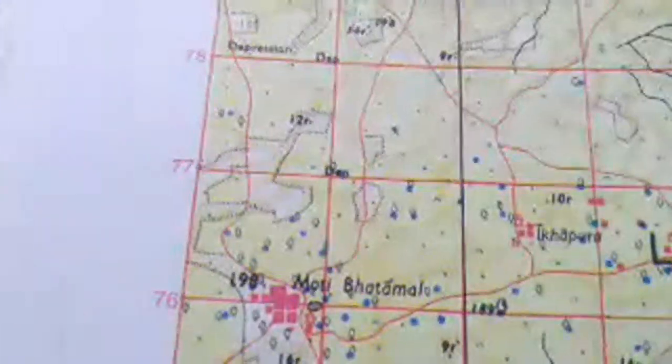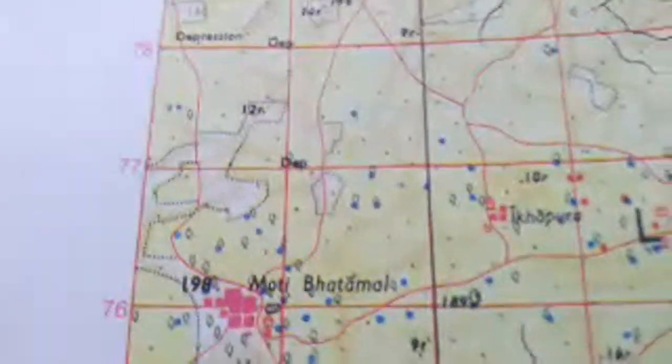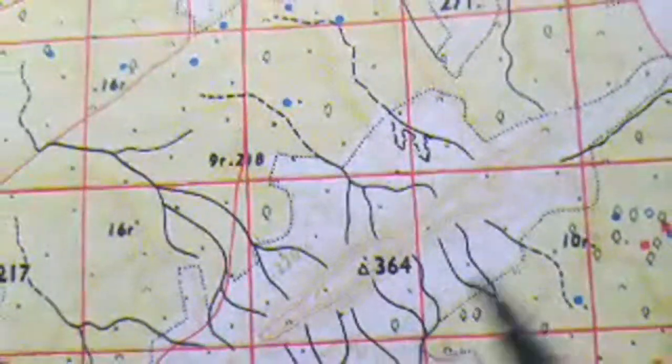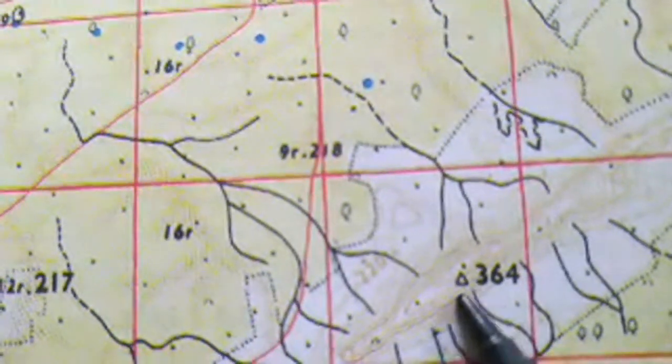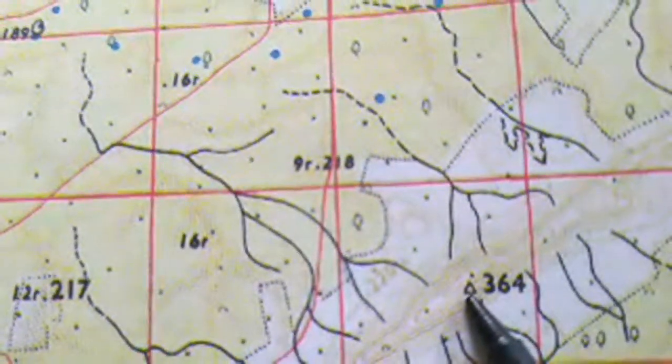Now let me show you some triangulated height. Now look here. This is one example. Can you see here in the map? One triangle is given here.